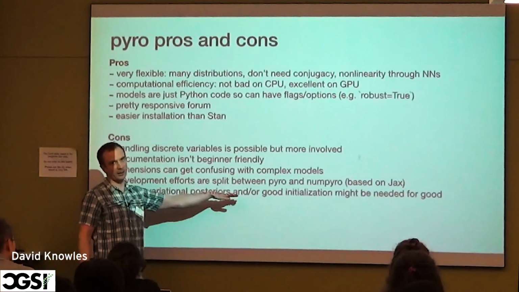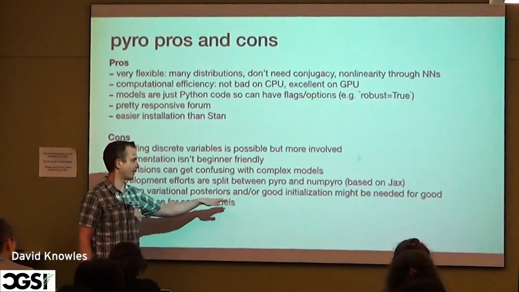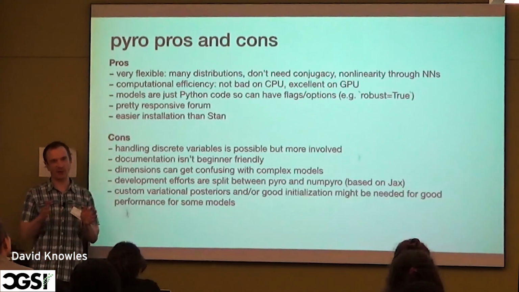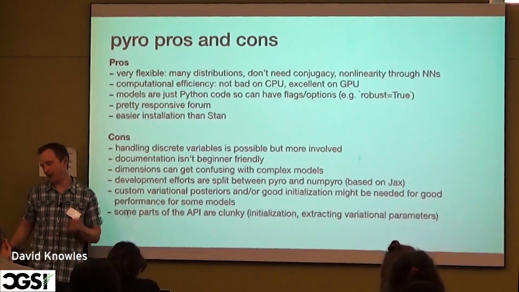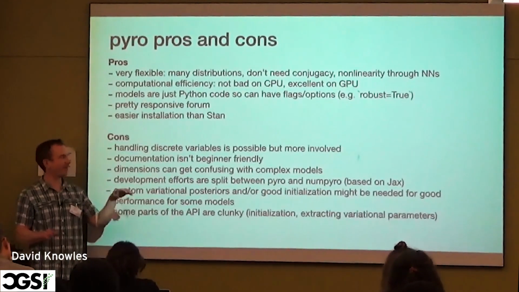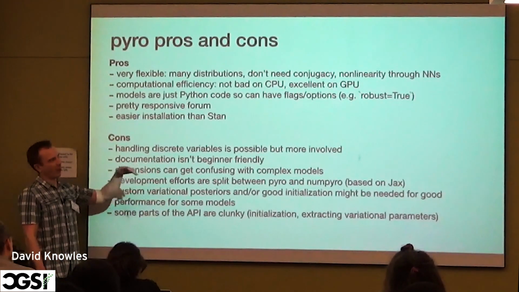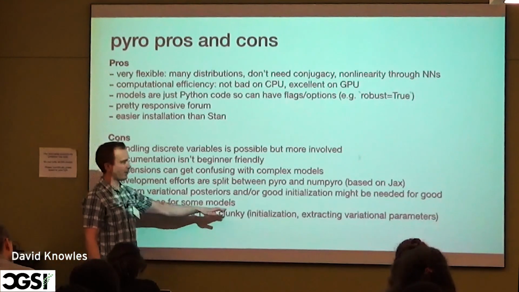This is honestly not a Pyro thing. This is just a Bayesian hierarchical probabilistic model thing. It's often really useful to give initialization that gets the model in roughly the right place. And yeah, some parts of the API are a bit clunky. Where I showed initializing one of the parameters, it feels like there's a lot of boilerplate you have to put to do that.